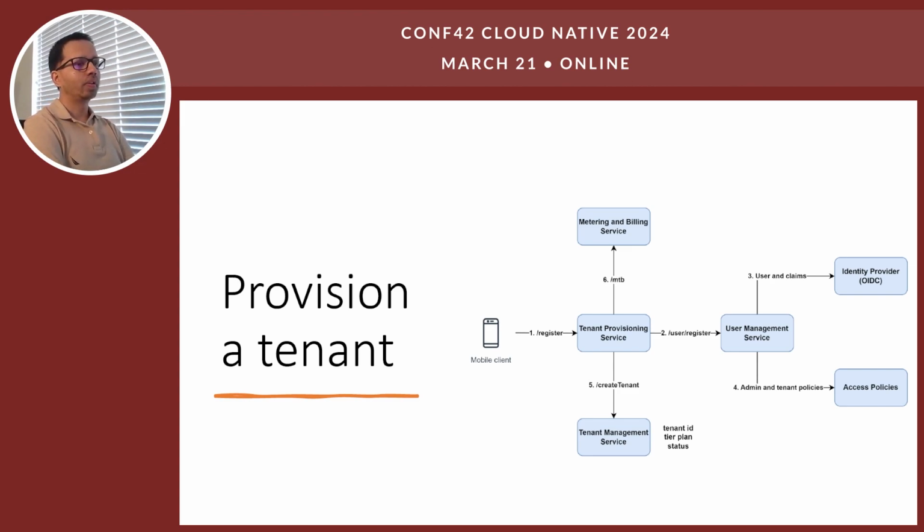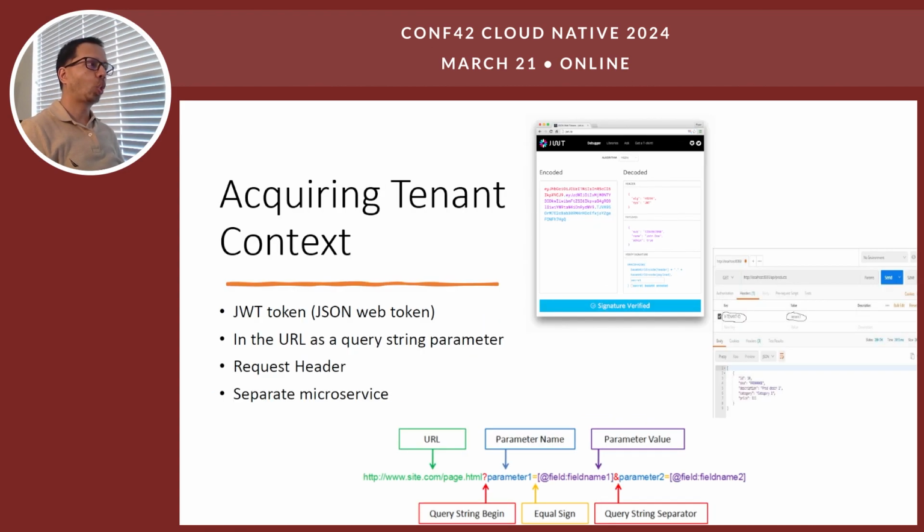With this tenant management service, we can get the tenant ID, tier plan or status of our tenant, and we can flow this further downstream to our other microservices, and use the same tenant context for the metering and billing service as well.